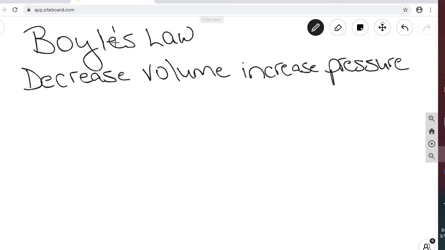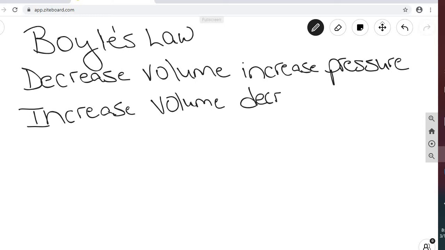And vice versa, if you increase volume, you decrease pressure. In other words, pressure and volume are inversely proportional to each other. When you increase one, the other one decreases. When you decrease one, the other one increases.